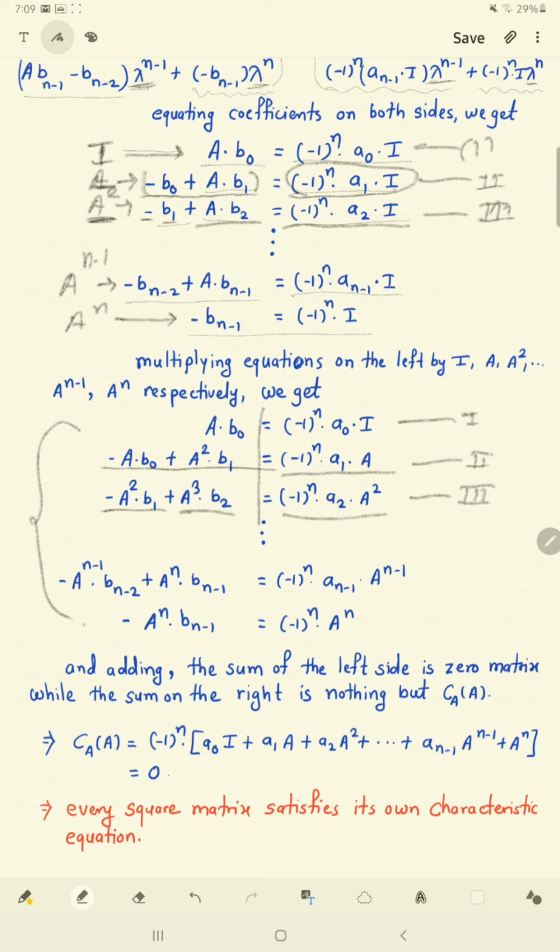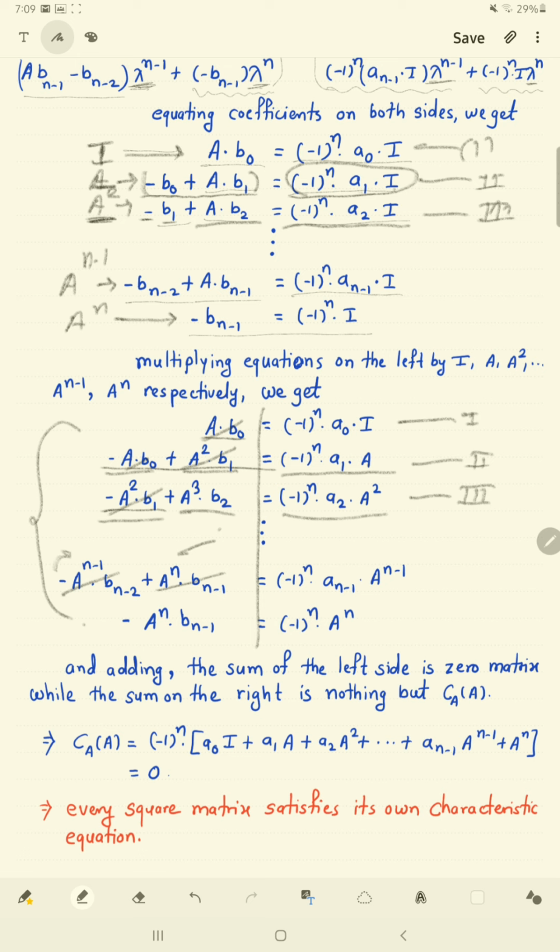Now check that on the left side, if I add all the terms, I will get A b naught minus A b naught, this term will cancel. A square b1 minus A square b1, this term will cancel. Similarly in this way, the previous term and this term will cancel.